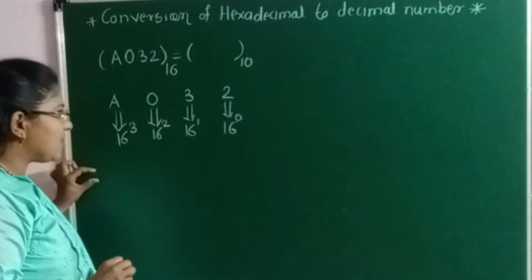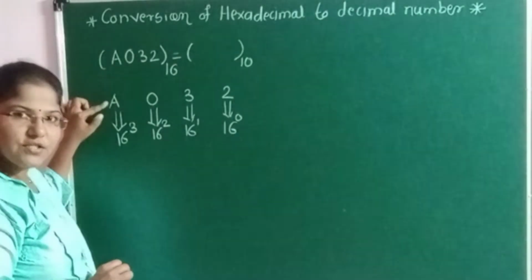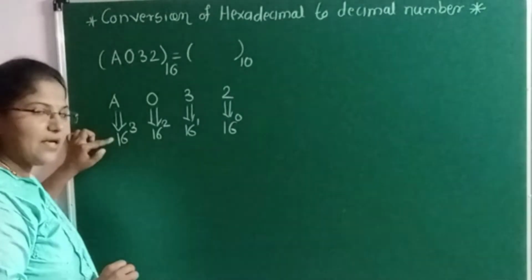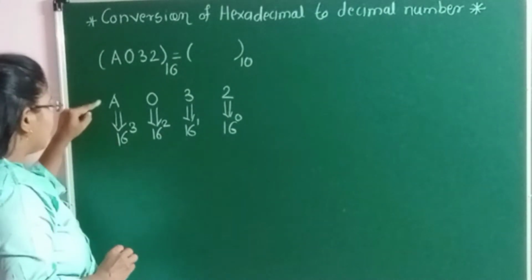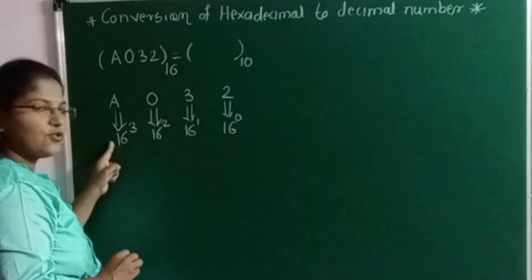Now the next step is where we take the multiplication of each digit in the number with its associated weighted value. What does it mean? Here the digit is A and for this place the associated weighted value is 16 raised to 3.